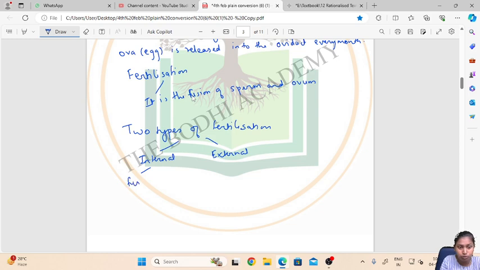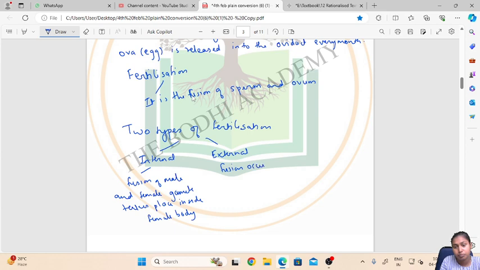The fusion of male and female gamete takes place inside the female body, whereas in external, the fusion occurs outside the female body.